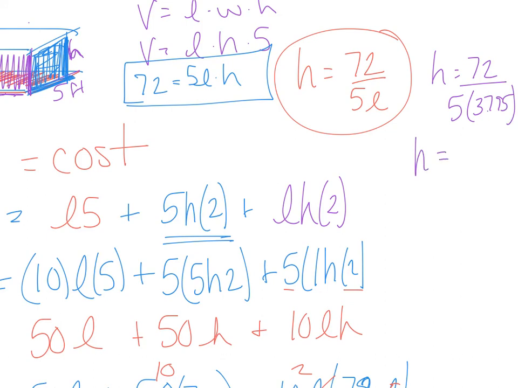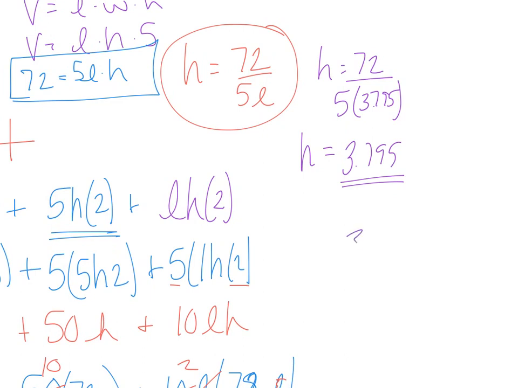So I can plug and chug that in my calculator. I actually get 3.795, which means that that side was a square. And obviously my base there was 5. So my dimensions are 3.795 by 3.795 by 5.